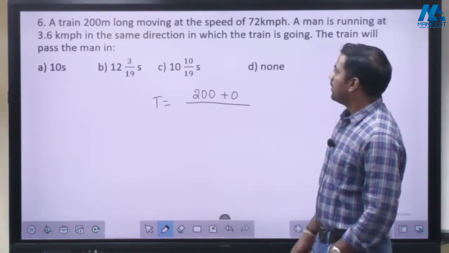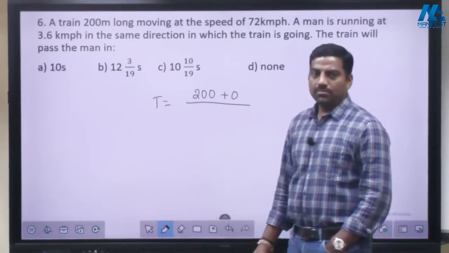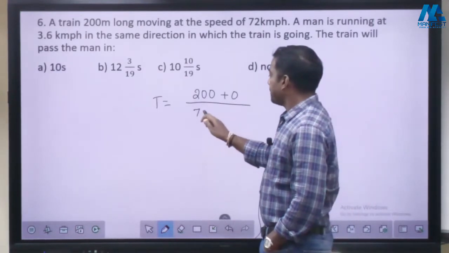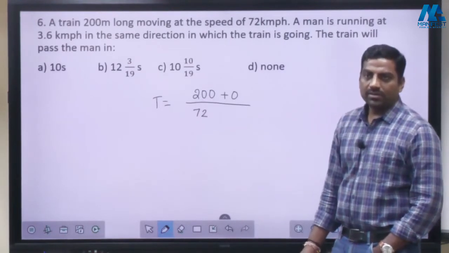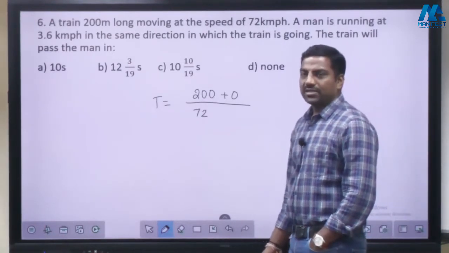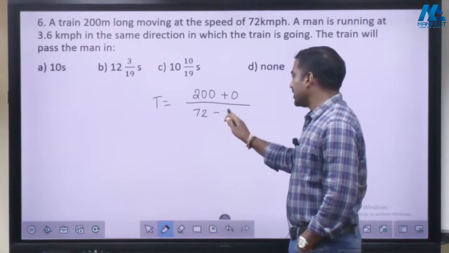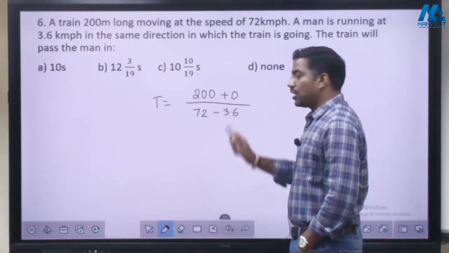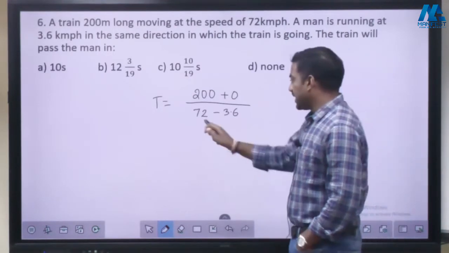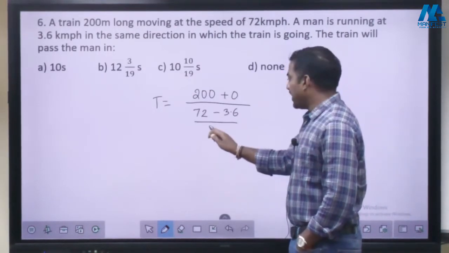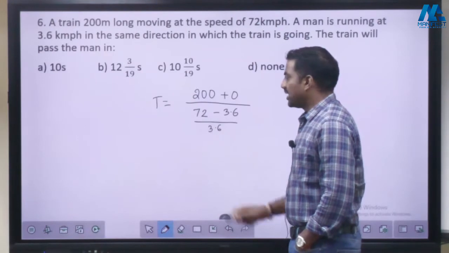Divided by, what is the speed of the train? 72. And the running man's speed? Should I add or subtract? Or take the difference? But this is in kilometer per hour. So how to convert it into meter per second? Whole divided by 3.6, I'll do. Correct?